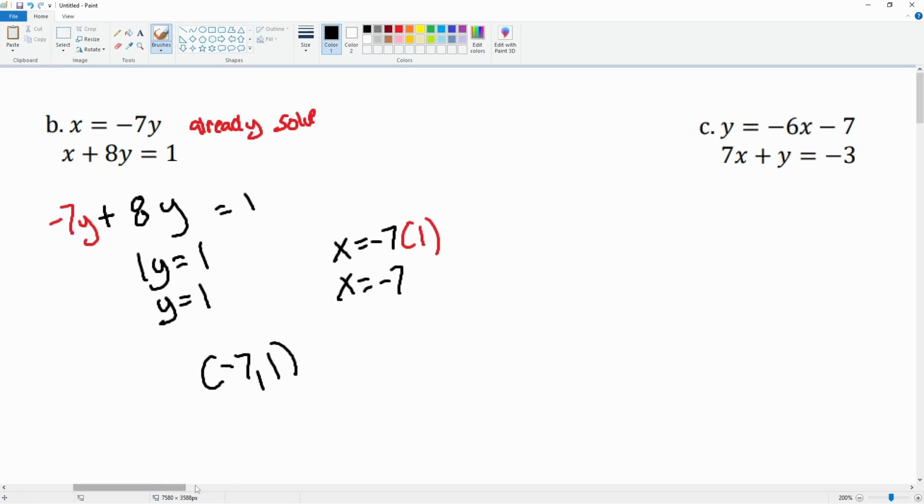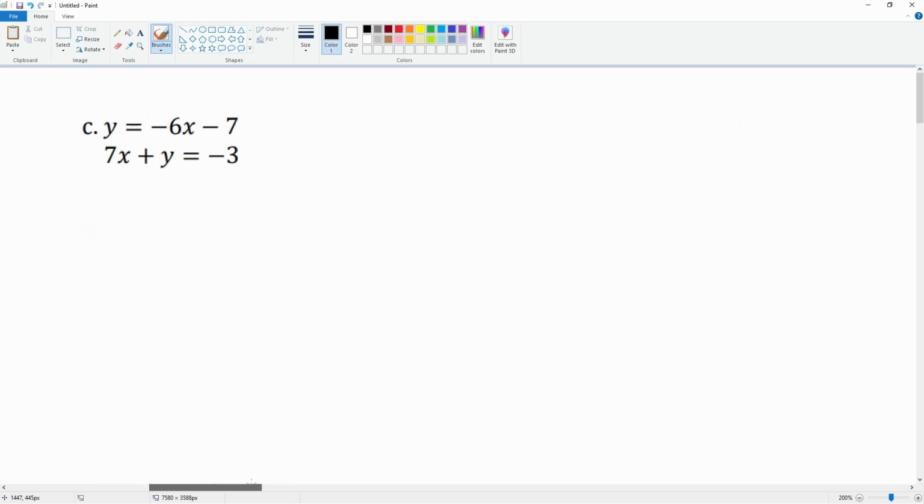All right. Next, C. Okay, we see that this is already solved. So I'm going to use it. Here is the second equation, 7x plus y is equal to negative 3. I'm going to erase the y and make that substitution. So here's the y.